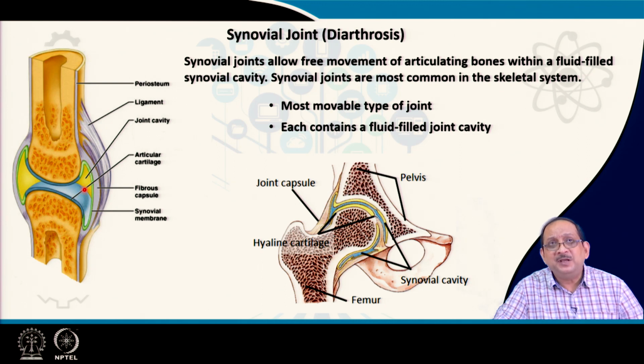The joint cavity is enclosed by a fibrous capsule as well as ligaments. This is an example of the hip joint, which also presents a similar situation as discussed earlier.